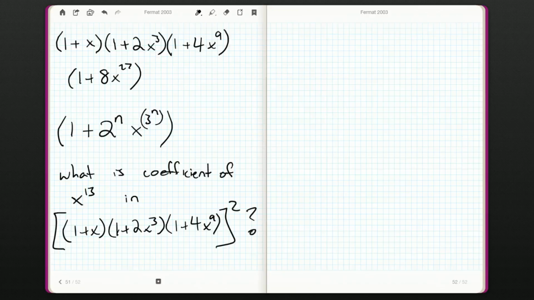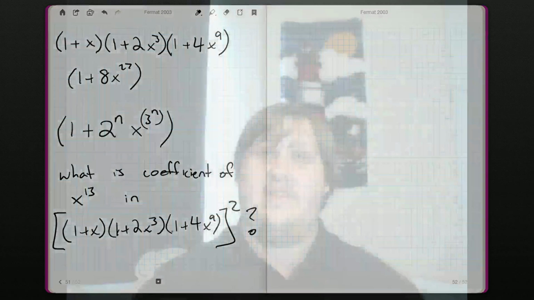Okay. So these are much smaller numbers. I could actually expand this whole thing out if I needed to. But with smaller numbers, I can get a better understanding of the situation. Then I can take what I've learned and apply it to the big number, 2003. Okay?